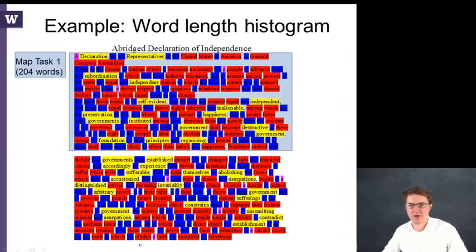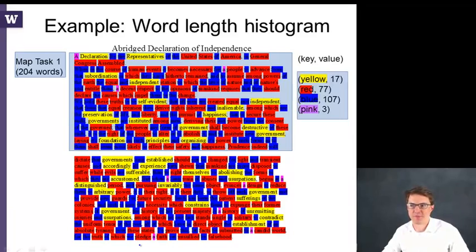So now this top chunk gets assigned to map task 1, and it produces this little histogram of the counts of yellow words, red words, blue words, and pink words. You should think about how the code might look if you had to write this. You would need to iterate over all the words in the document just like we did before.